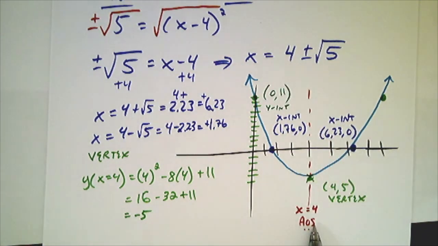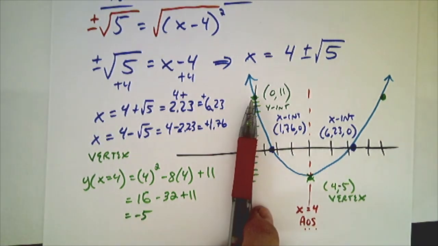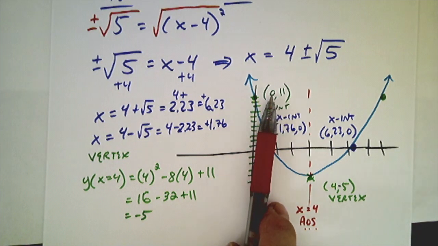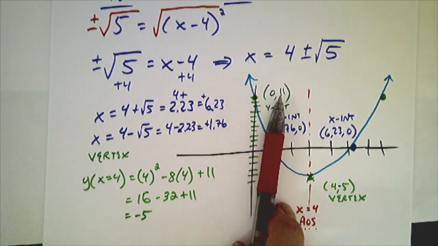X equals 4. And the vertex is found by plugging in the value of x equals 4 at the axis of symmetry and finding the value of y. So x equals 4 is 4 squared minus 8 times 4 plus 11 works out to be -5. So that is the vertex. And here, the y-intercept is here at 0, 11.